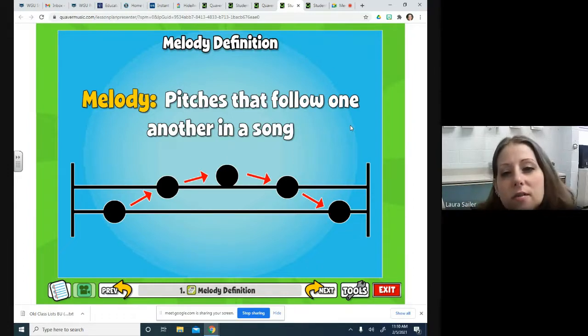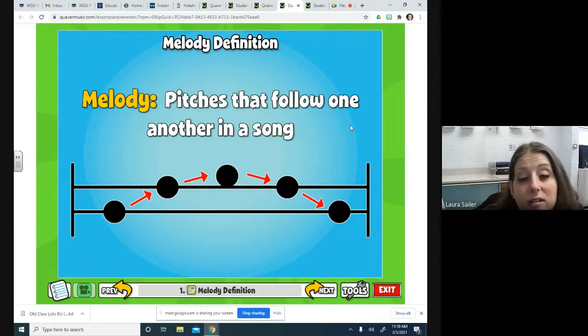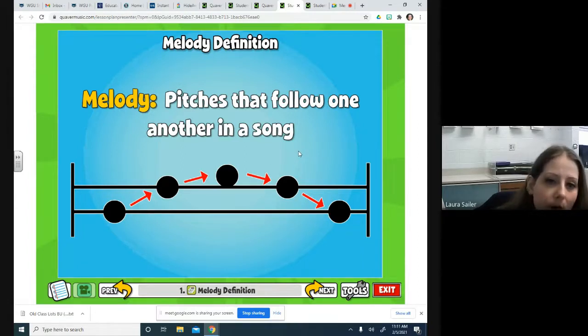So we're going to identify those pitches and we're going to find them in some songs that we know, and we're also going to use them to create. So first is an overview, the definition of melody, pitches that follow one another in a song. Another definition is the pattern of pitches in a song. So we talked about ba, ba, ba, ba, ba, ba, ba, da, da, da, da, da, da, da.